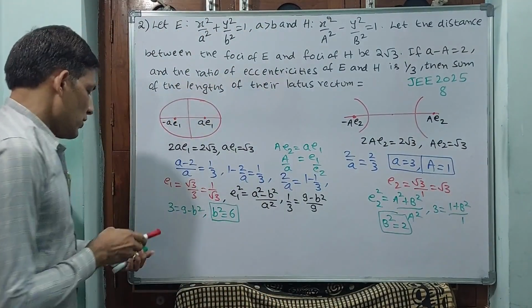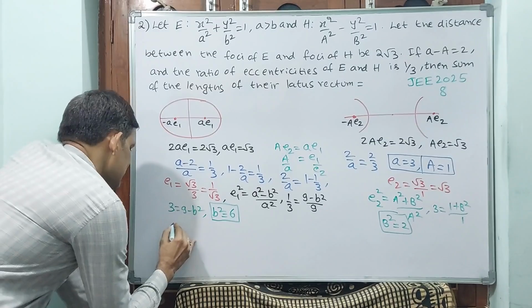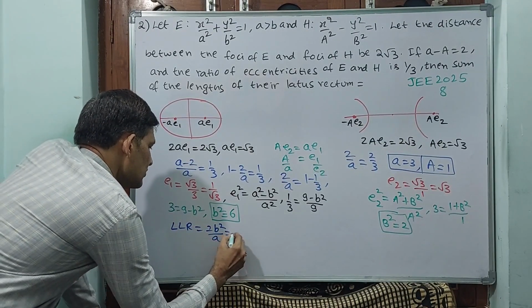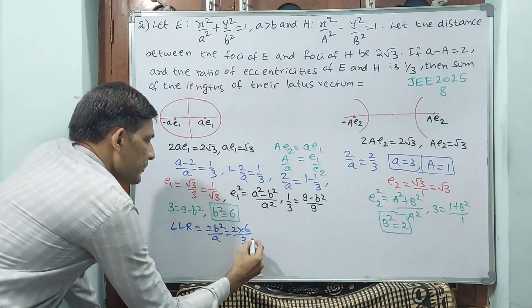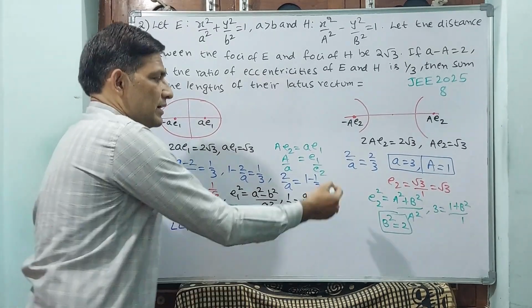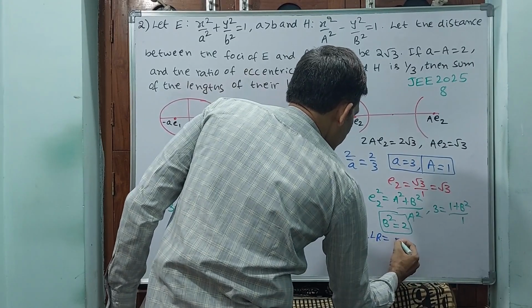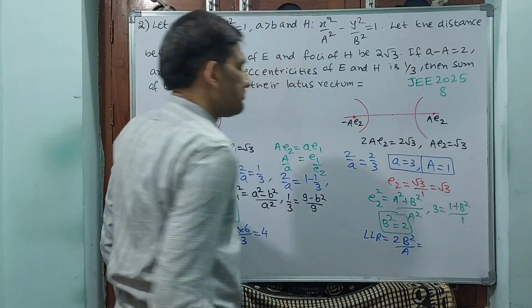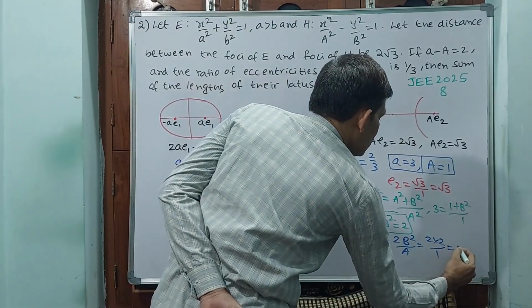Now, the length of latus rectum LLR is equal to 2b square by a, that is equal to 2 into 6 by 3, which is 4. Here also LLR is equal to 2 capital B square by capital A, that means 2 into 2 by 1, that is equal to 4.